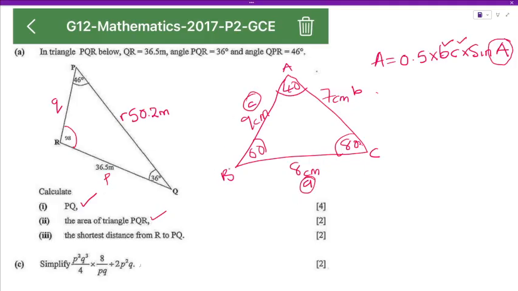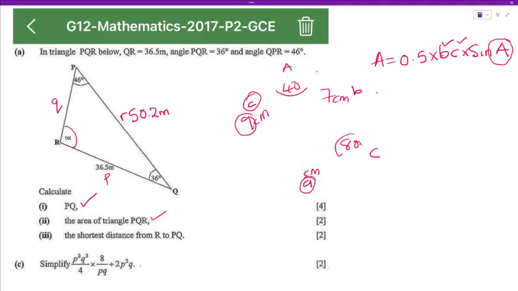Where are these sides meeting? They're meeting at B, meaning even that angle at B should be known. If you don't know that angle, then you can't choose those sides, because what you're now going to use on one of the sides, either on b or c, in the question you're going to put 9, then the other one you're going to put 8, and then the angle you're going to use is this 60 here.